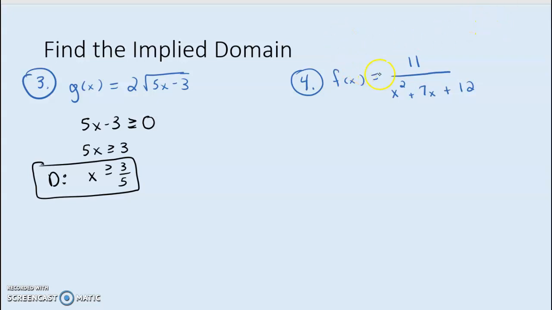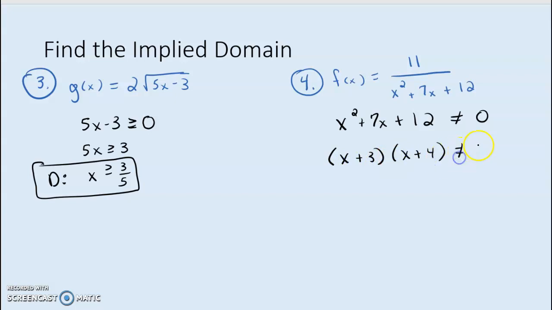Number 4, f of x equals 11 over, and in the denominator we have x squared plus 7x plus 12. We ask ourselves those questions. Is there a denominator? The answer is yes. There's not a root, so there's not 2 questions, there's just 1. So x squared plus 7x plus 12 cannot be 0. This is a quadratic, so we solve it just like a quadratic. We can factor it: x plus 3 times x plus 4 does not equal 0.